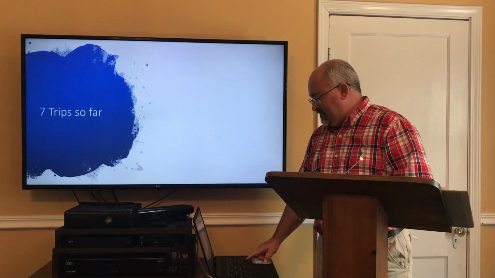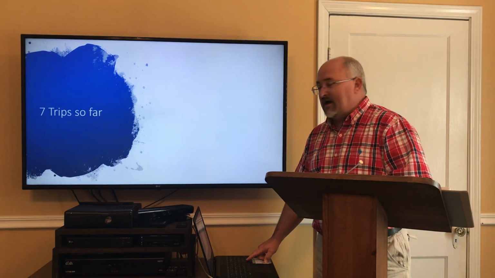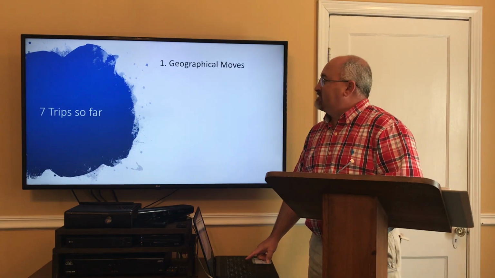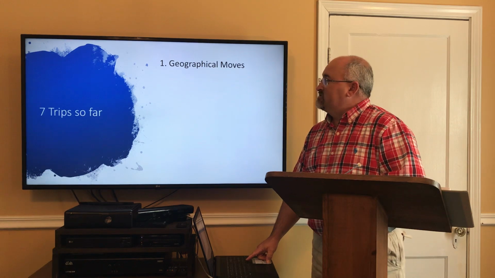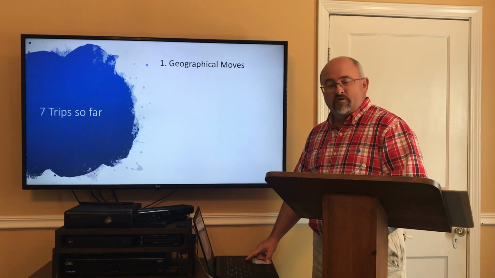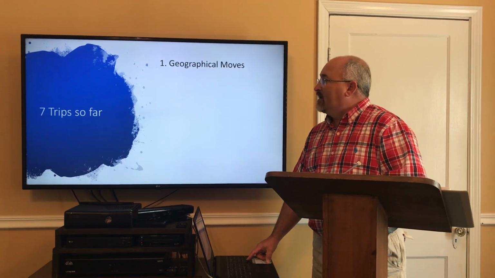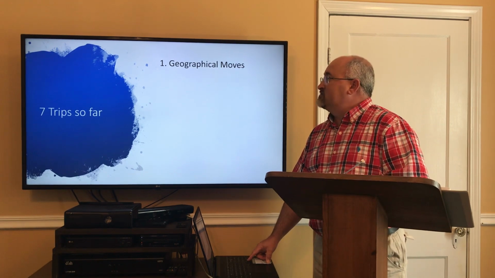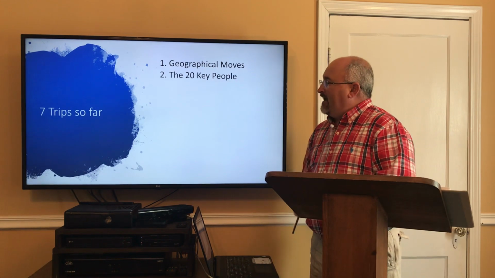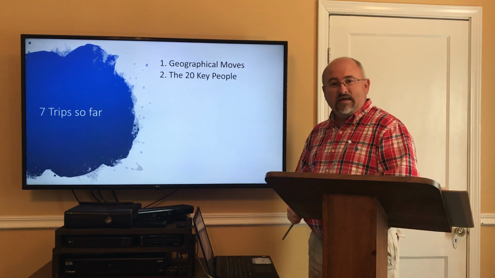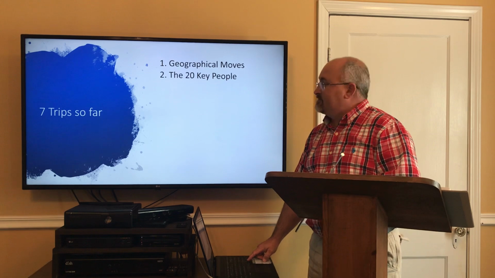We've covered a lot of information so far. In our first trip through the Old Testament, we covered the geographical moves of the people of God, the children of Israel, from the Garden of Eden until they got back into Israel. We have talked about the 20 key people of the Old Testament.